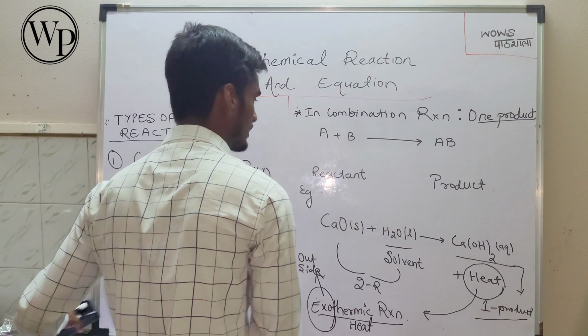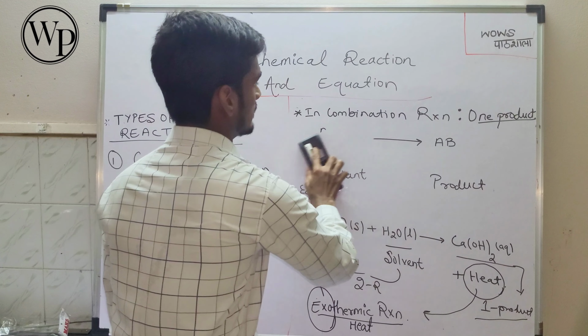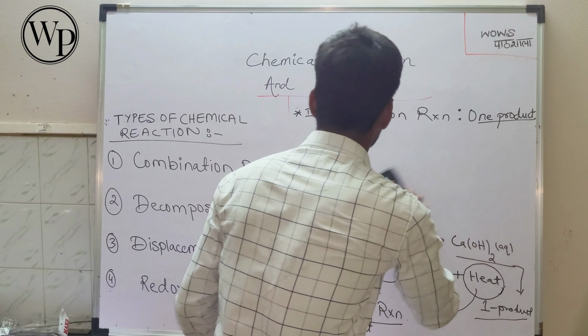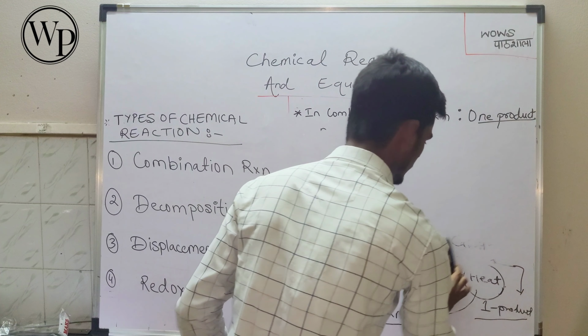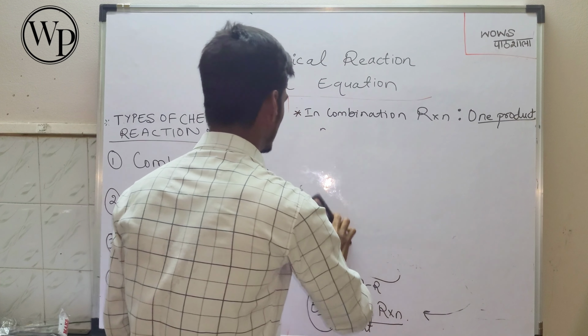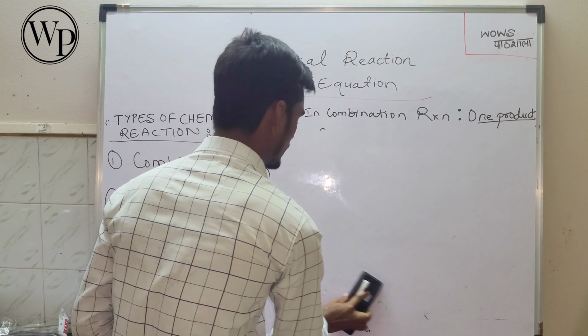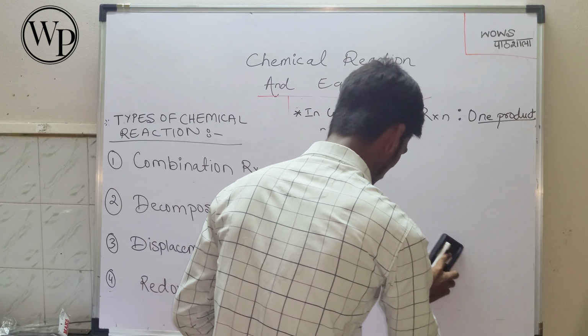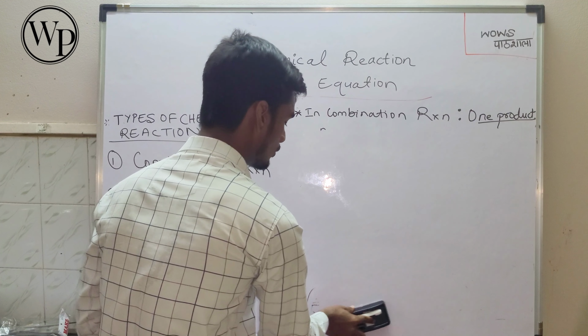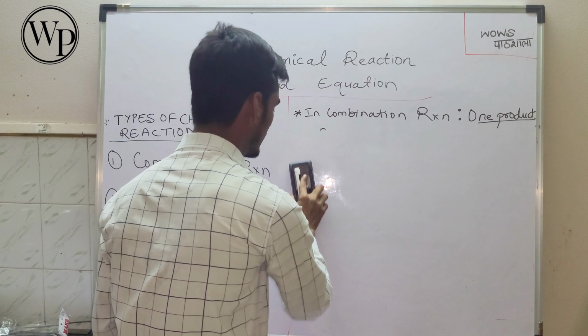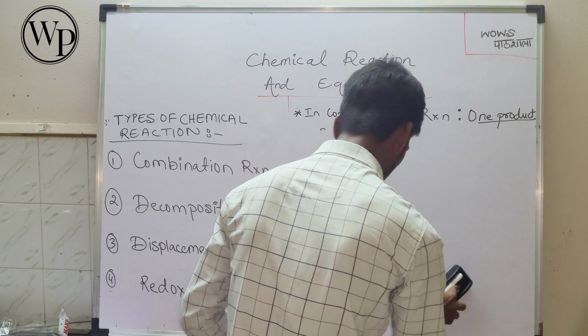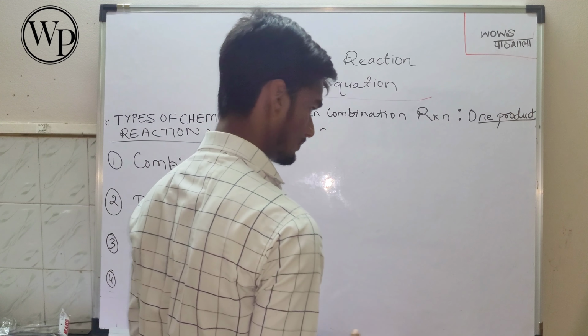Let's discuss another example. Always remember one thing: in a combination reaction only one product will form, due to one, two or more reactants, and heat or energy may be released.